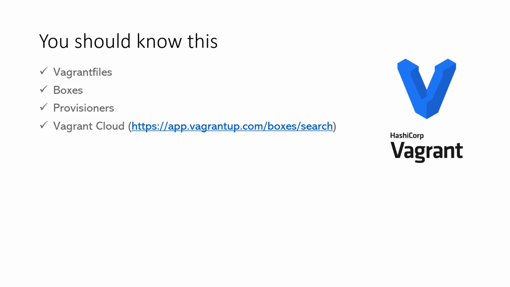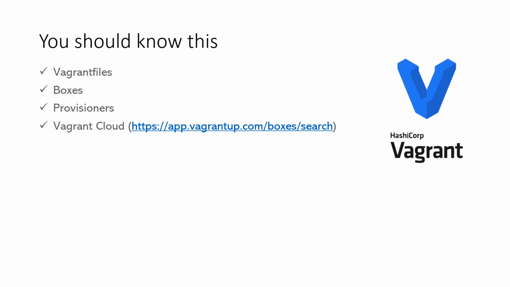Second is boxes. Just consider a box as a package, a Vagrant package, and the extension is .box. The third one is provisioners.